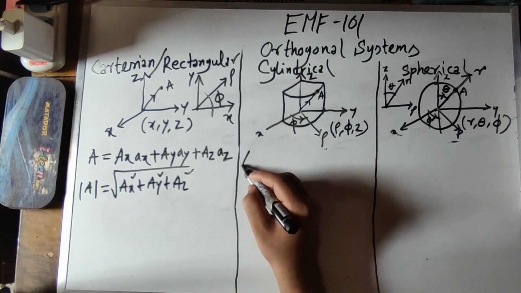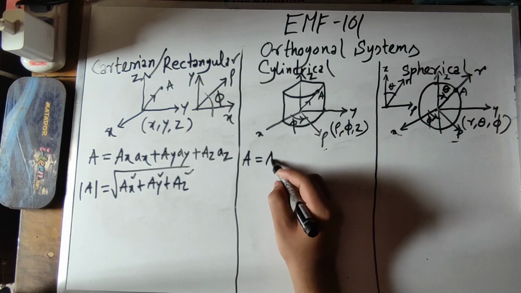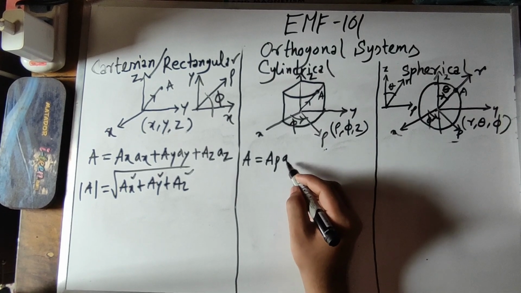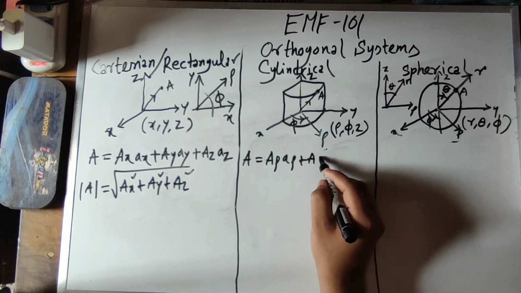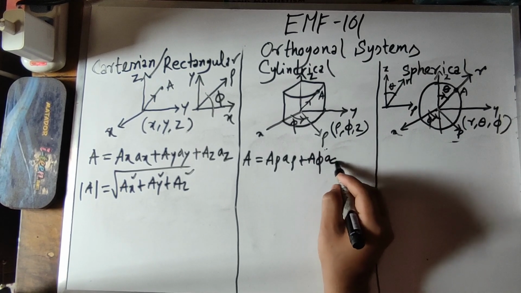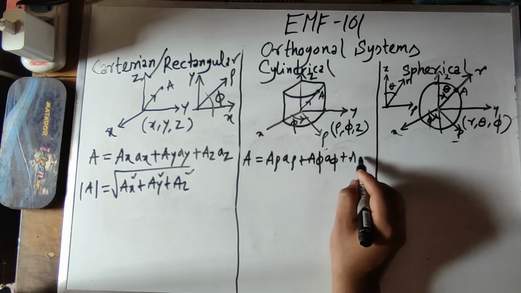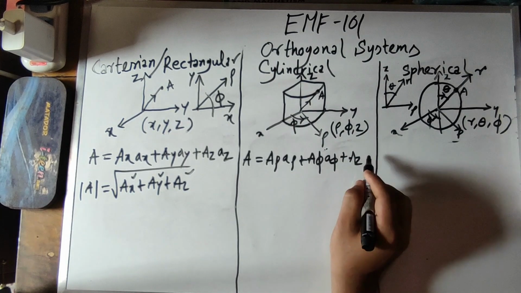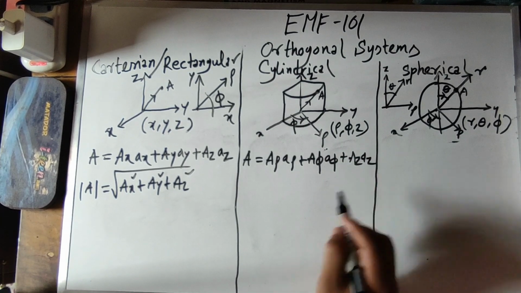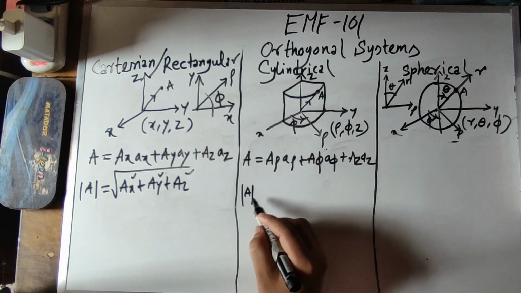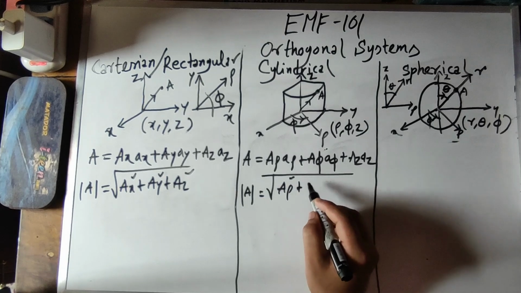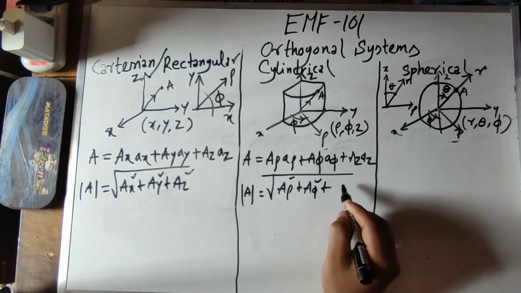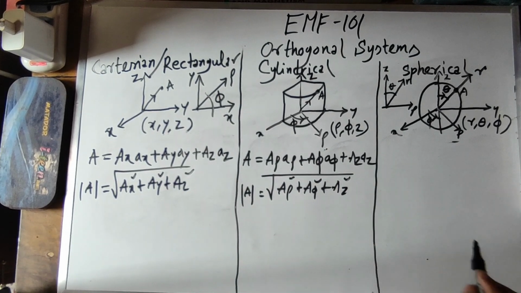In the cylindrical system, vector a is represented as a rho in the direction of rho with unit vector a rho, plus a phi with unit vector a phi, plus a z component in the direction of z with unit vector a z, and its magnitude is the square root of a rho square plus a phi square plus a z square.